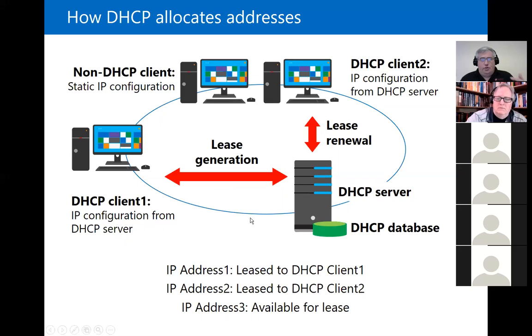So in order to do that with the DHCP server, it keeps track of individual people that have individual leases. So some people will be generating, and some people will be renewing, and some people will be dropping off.